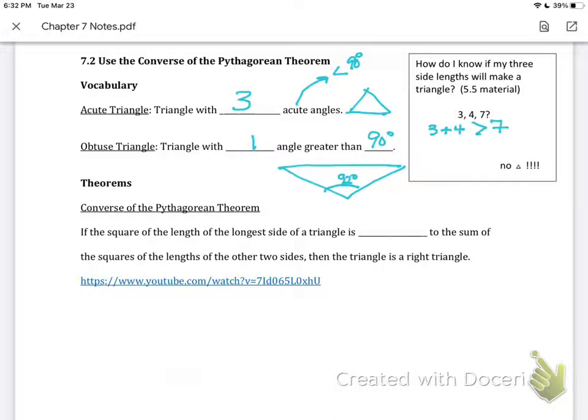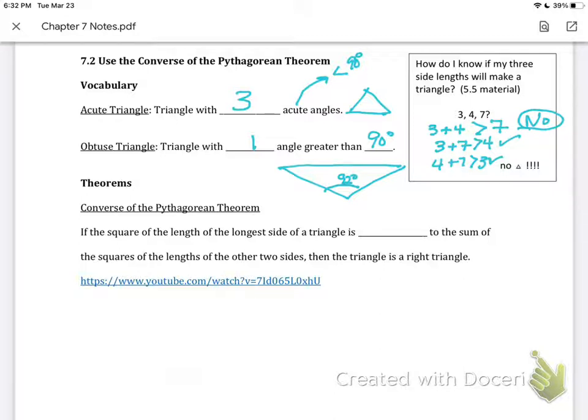And right away we say that this does not work because look, 3 plus 4 is 7, and 7 is certainly not greater than 7. Would the other ones have worked? So if I said 3 plus 7, is that greater than 4? Yes, that checks. And 4 plus 7, is that greater than 3? That checks. But because you had one combination that did not check, this cannot be a triangle.